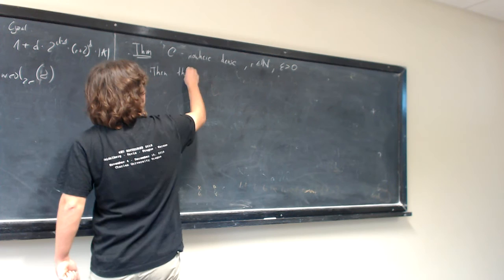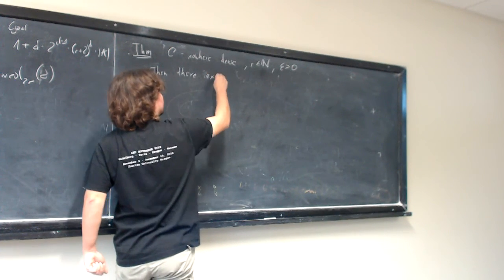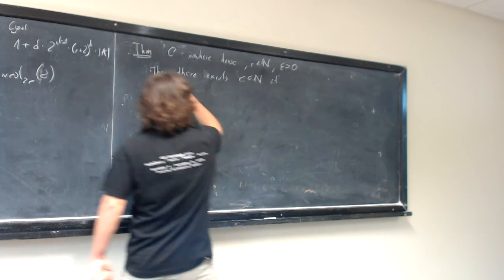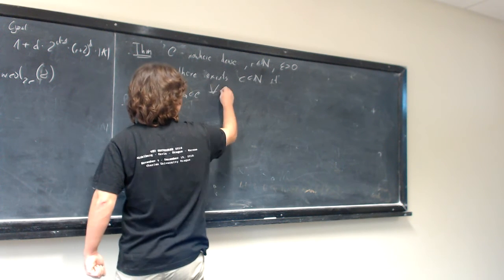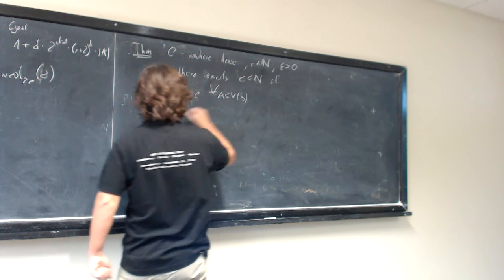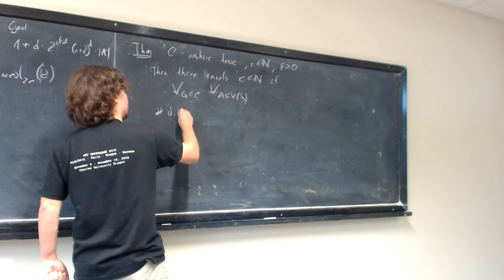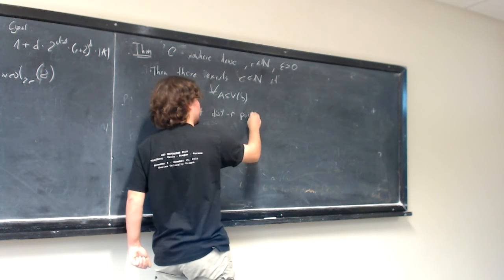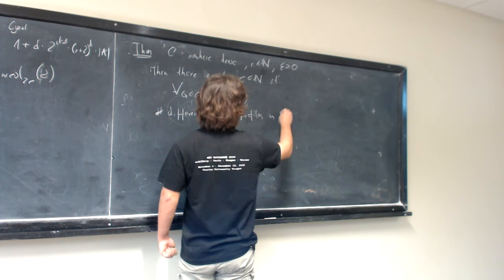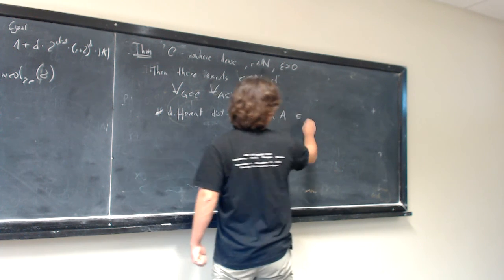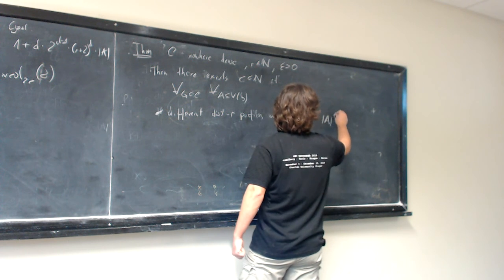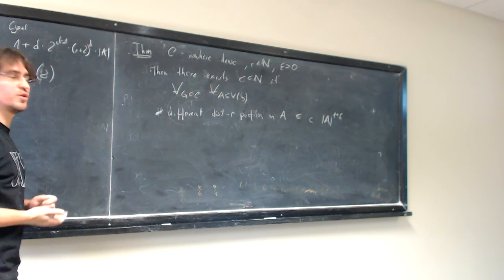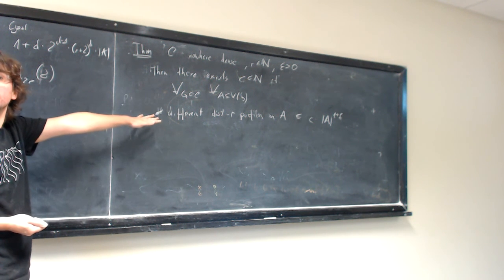Then there exists some constant C, such that for every graph from my class and for every subset of vertices A, the number of different distance r profiles on A is bounded by C times the size of A to 1 plus epsilon.